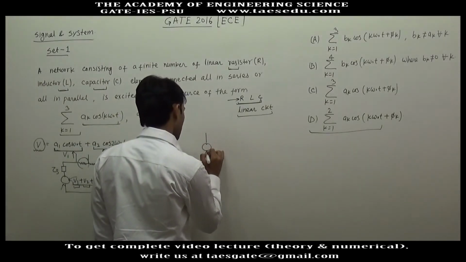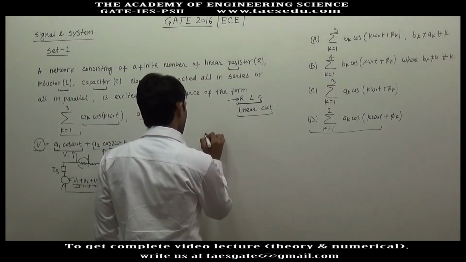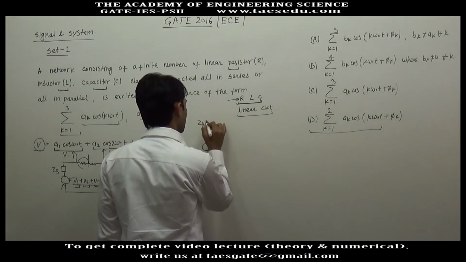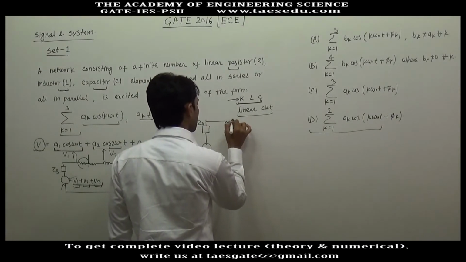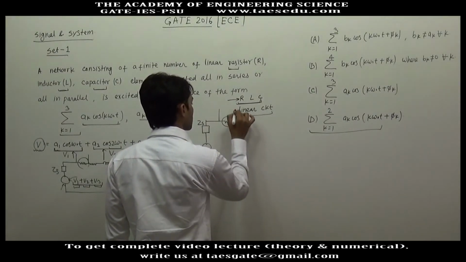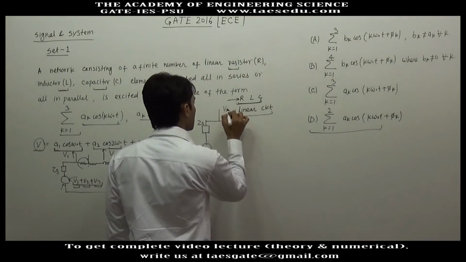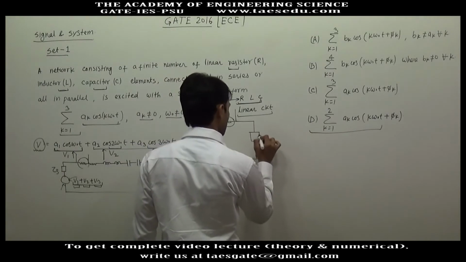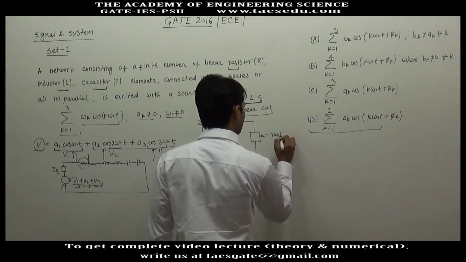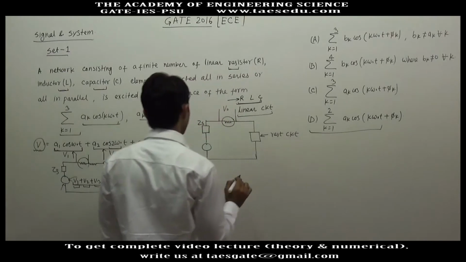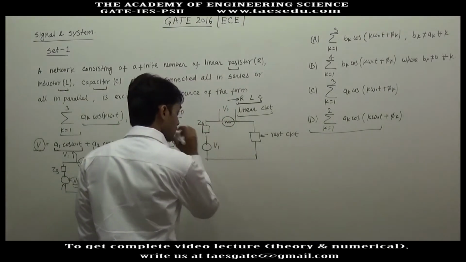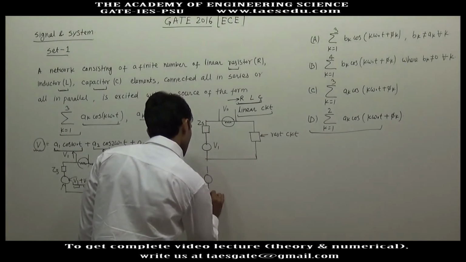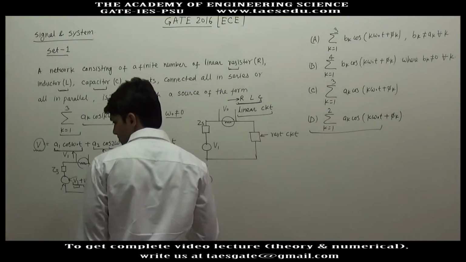And we have V1, it has some source impedance Zs, and here you have the resistance across which we are interested to find the output. And let's say here we have the rest of the circuit. This is the rest circuit. So this is due to V1. Similarly, we will have some output due to V2.